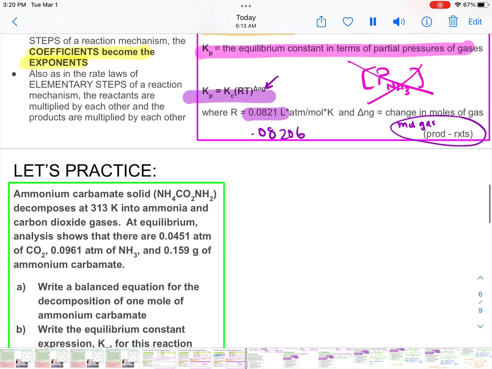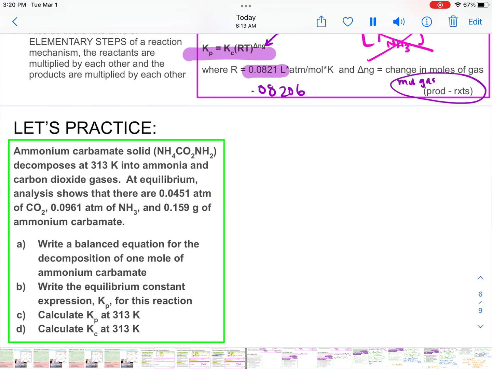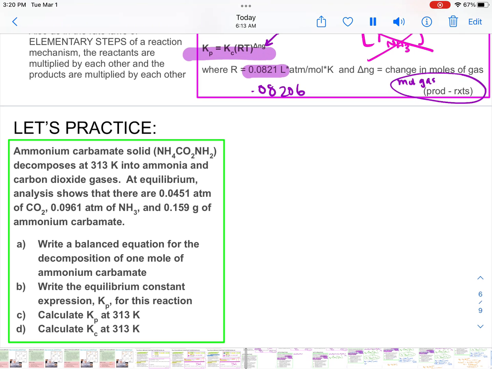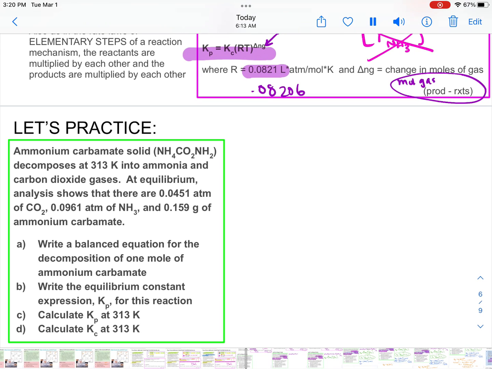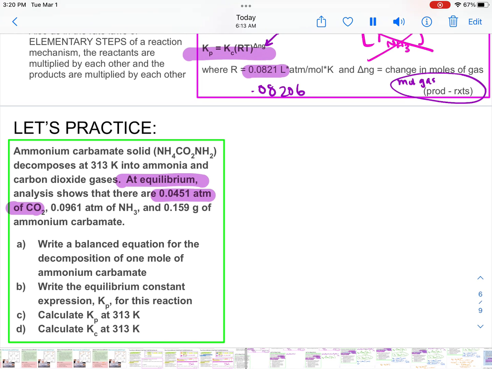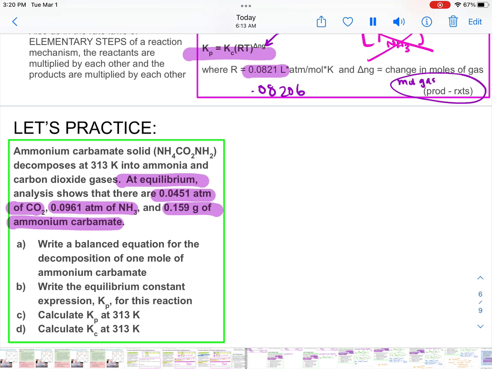So let's see what we can do. Ammonium carbamate is a solid that decomposes and forms ammonia and carbon dioxide gases. So we're going to do an equilibrium problem with this. And they tell me something really important here, that at equilibrium, I have these pressures and this amount of solid ammonium carbamate.